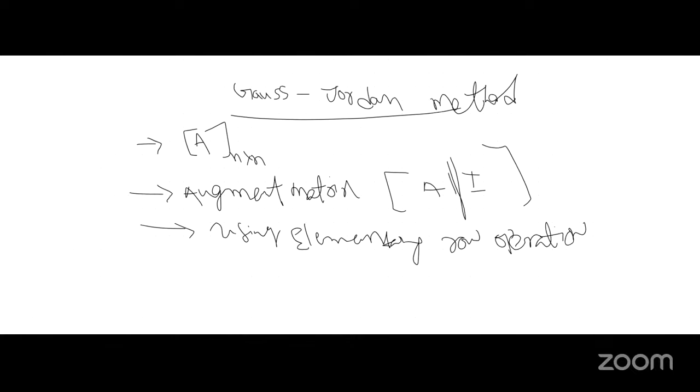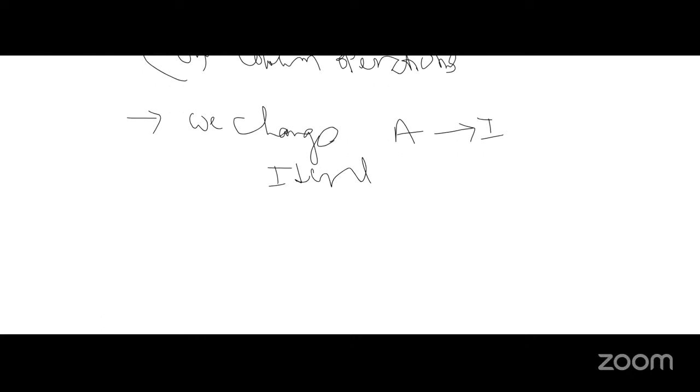or column operations, we change A to the identity matrix I. What is that? Identity matrix. Okay.